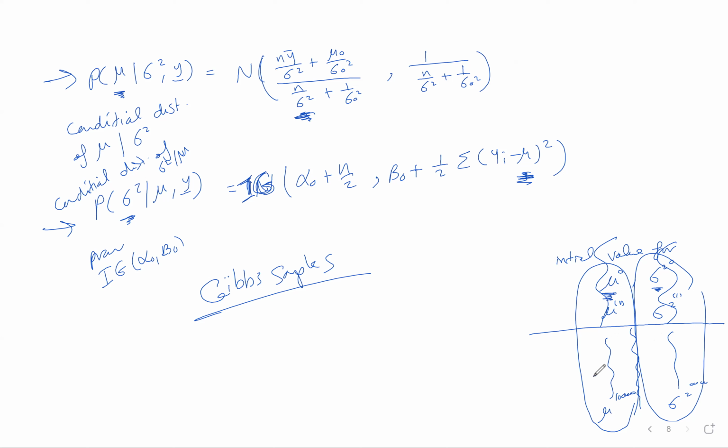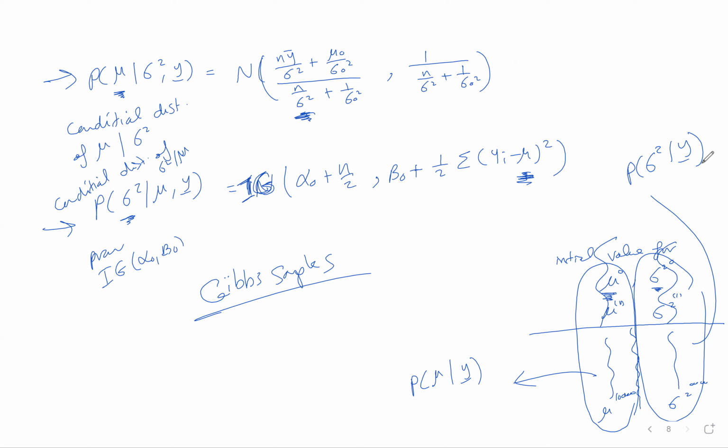So this one will be considered a random sample from the posterior distribution of mu given only the data, and it doesn't depend on sigma square. And this one will be a random sample from the posterior distribution of sigma square given the data, not given mu.